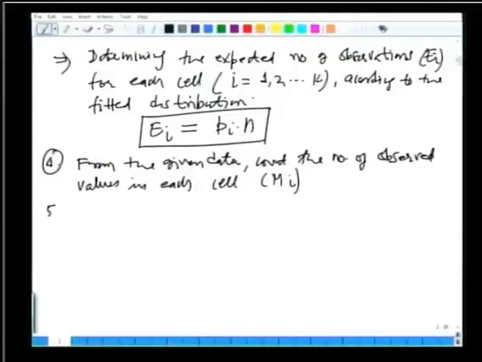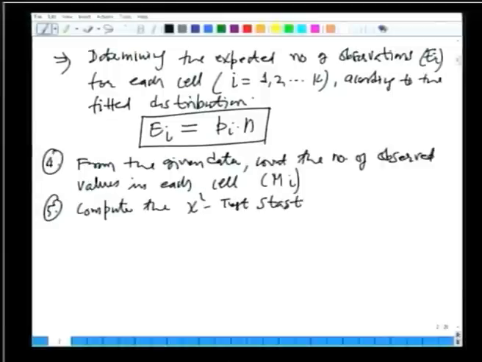Number 5, compute the chi-square test statistic, okay, as follows. That is your chi-square, I am going to put a subscript C here, which means the calculated one or the computed one from the data, all right, which will be equal to what?